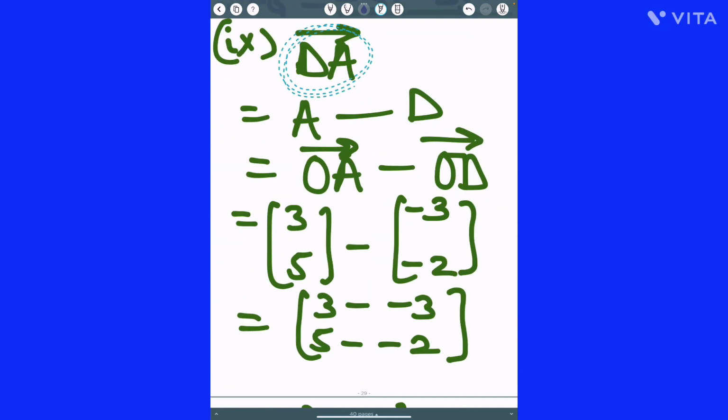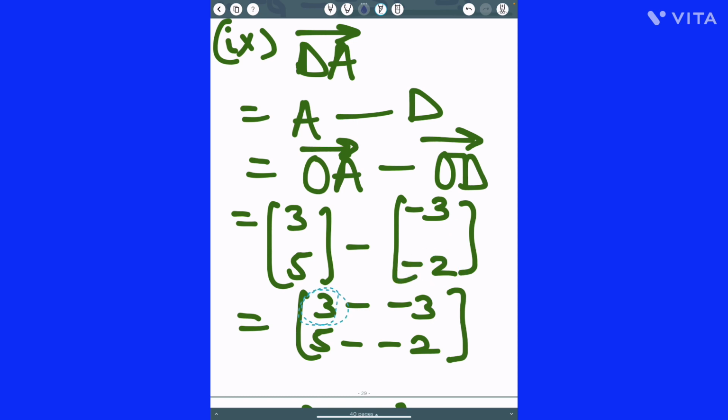Then vector DA is also A minus D. So that's the position vector OA minus the position vector OD. OA is 3i plus 5j. OD is minus 3i minus 2j.